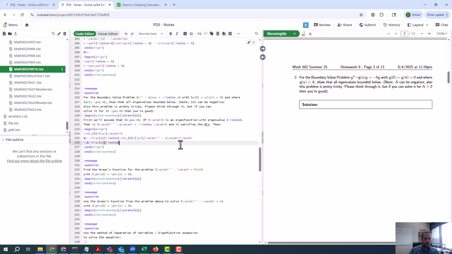So this is going to be 1 over lambda times the integral from 0 to pi. When you do the integration by parts on phi'' times phi, taking one derivative from phi'' and putting it onto phi, you get minus (phi') squared.